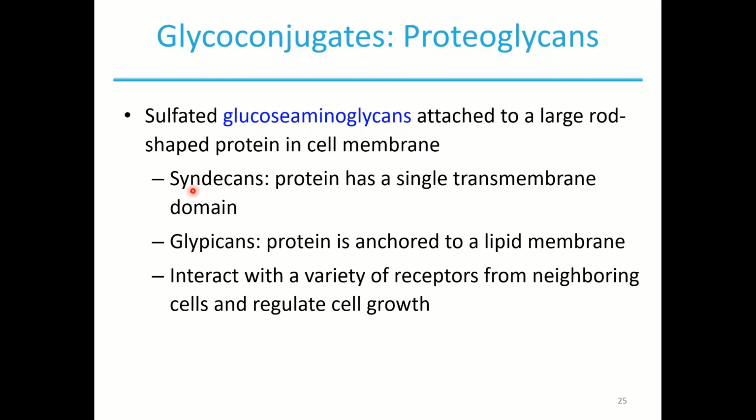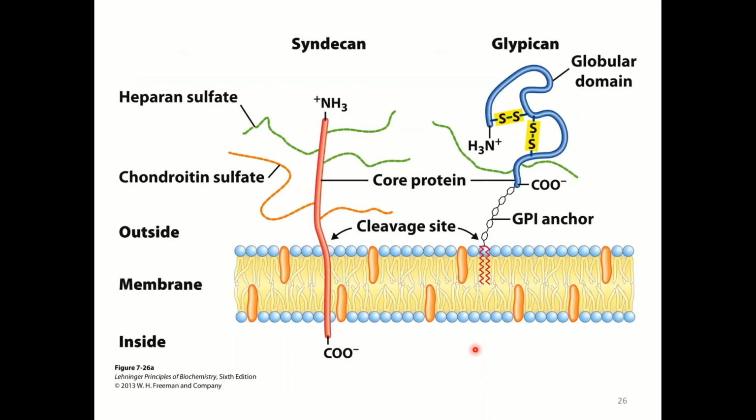You're not going to need to know the difference between these, but syndecans are proteins that have a single transmembrane domain, and glypicans are proteins that are anchored to a lipid membrane. They interact with a variety of receptors from neighboring cells, and thus they can regulate things like cell growth. Here's an example of syndecan and glypican. Don't need to remember the differences between those.